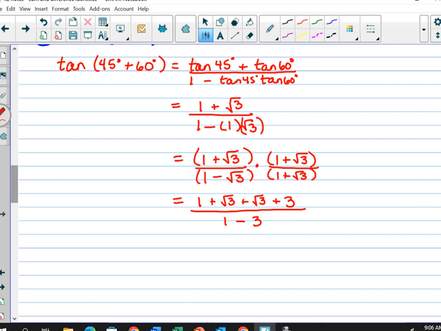So in the numerator, I have 4 plus 2 root 3. And in the denominator, I have negative 2. So what is my final answer? Negative 2 plus root 3. Close. Yes, because you're dividing both of those by a negative 2.